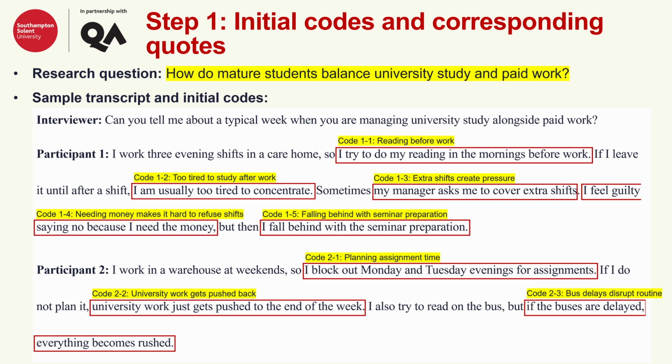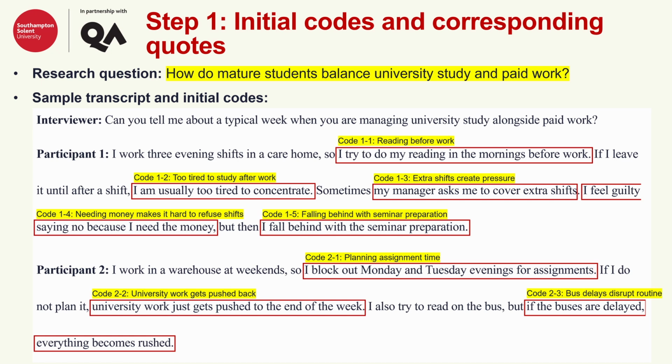Participant 1 worked evening shifts in a care home, whereas participant 2 worked in a warehouse at weekends. The highlighted phrases have already been given initial codes, so our task is not to create new codes at this point. Instead, we're going to examine how the existing codes relate to one another.